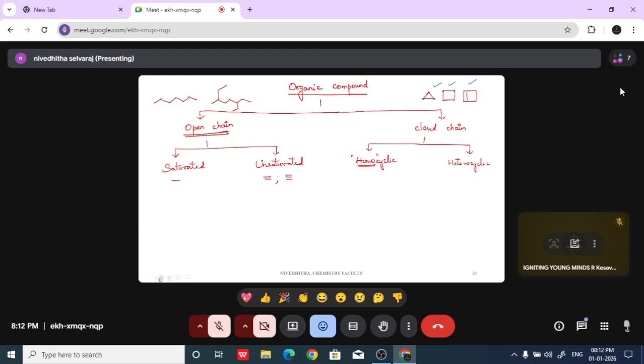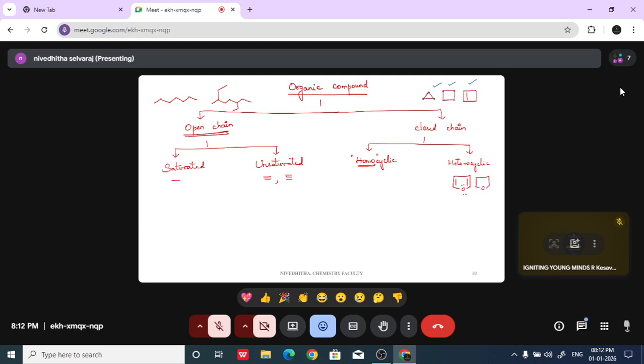But if one of the ring members is not carbon, if we have any heteroatom like nitrogen, oxygen, or sulfur, then that is considered to be heterocyclic. For example, this is a heterocyclic compound, right?